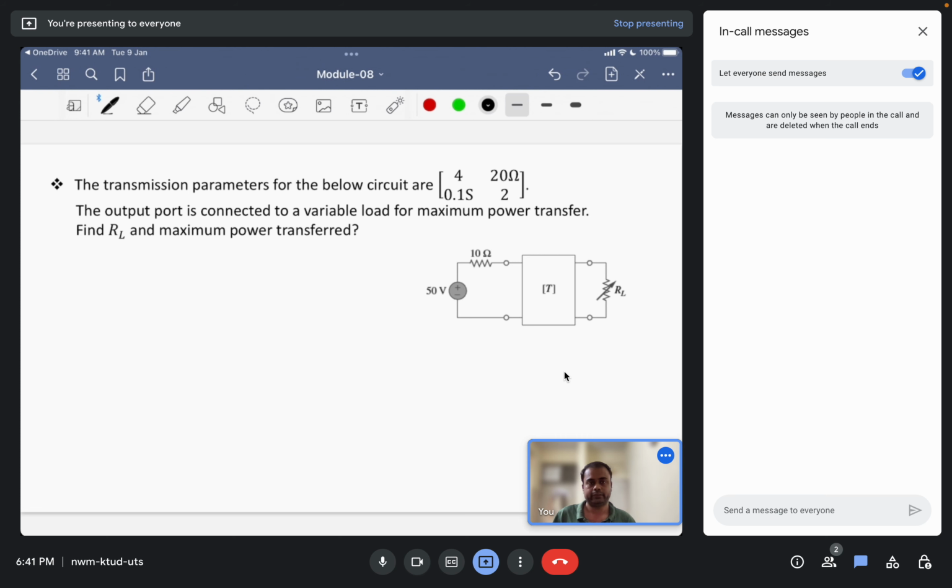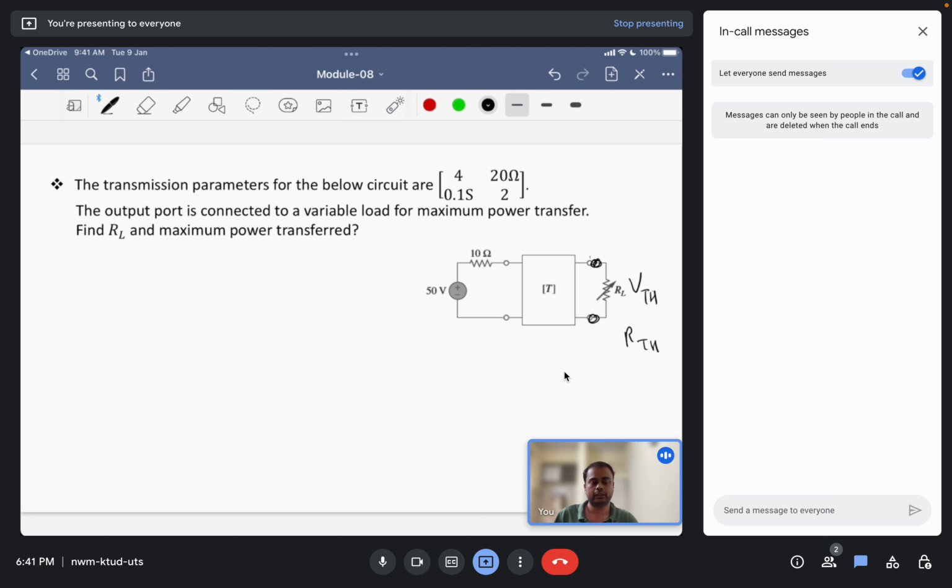As per the network theorem, we have already discussed that the voltage for maximum power will be the Thevenin's voltage across the output. Here the voltage is VTH, and the resistance felt by these two nodes is RTH.